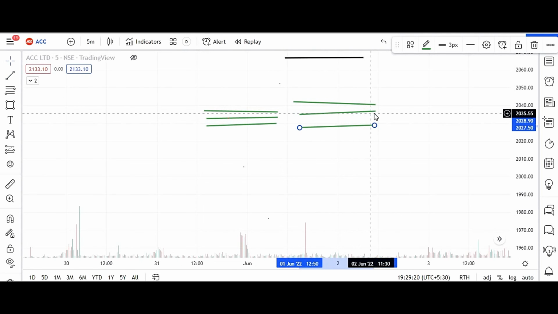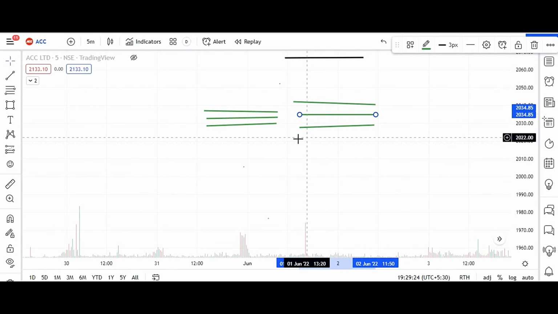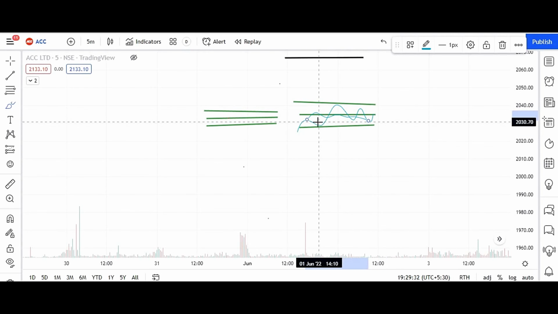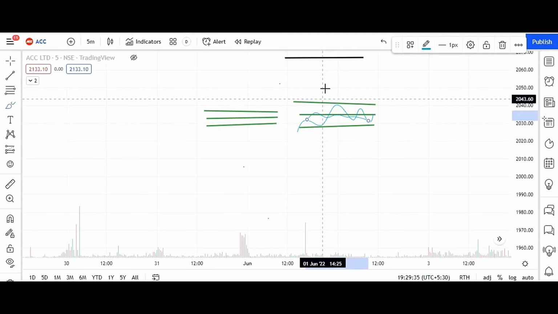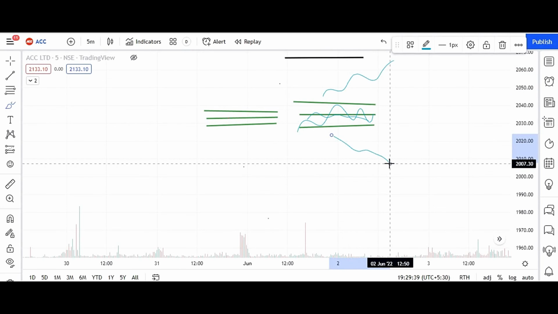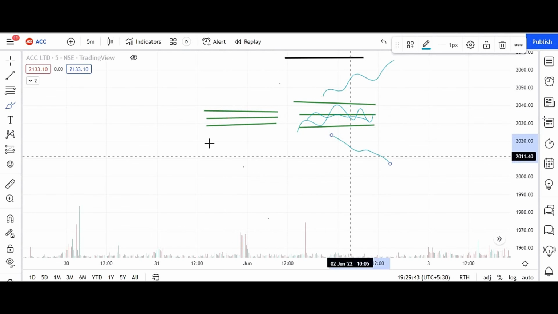Then there would be no trading day for us, meaning it would be a volatile day. The price may move like this. That would be a sideways to choppy market. Better to avoid on such days. Very rarely it will be a trading day. So we don't take trades on that particular day. If such scenarios happen, we don't take trades on that particular instrument.